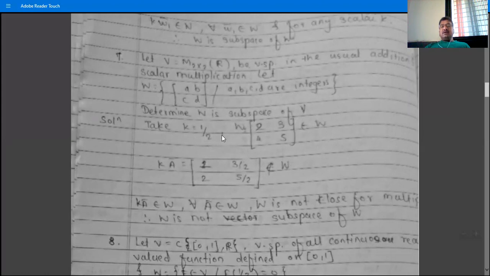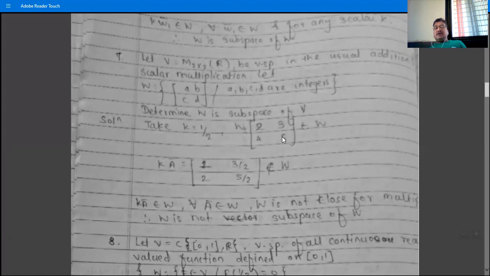It is 1/2 into this matrix. 1/2 into 2 is 1, 1/2 into 3 is 3 by 2, 1/2 into 4 is 2, and 1/2 into 5 is 5 by 2. So this is K into A.